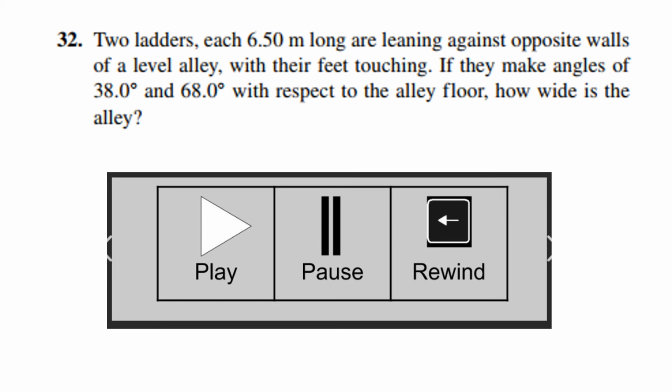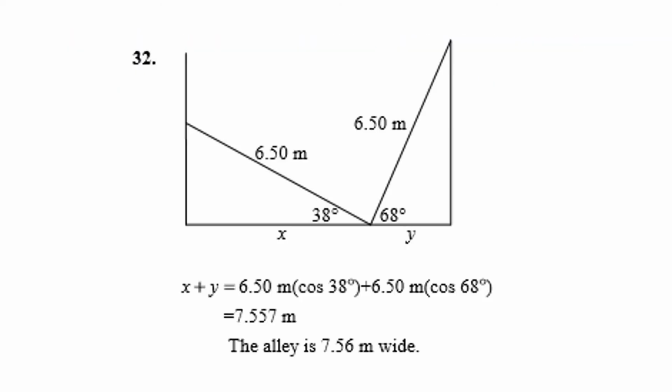Let's see how you did. Well, here's the picture that you need to draw. This is where the feet of the ladders are touching. So you have x plus y is equal to, and x is going to be 6.5 times the cosine of 38 degrees, and y is going to be 6.5 meters times the cosine of 68 degrees.